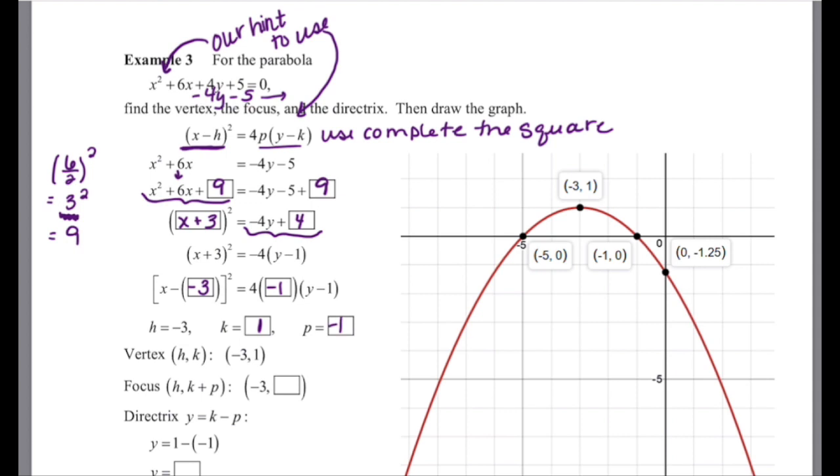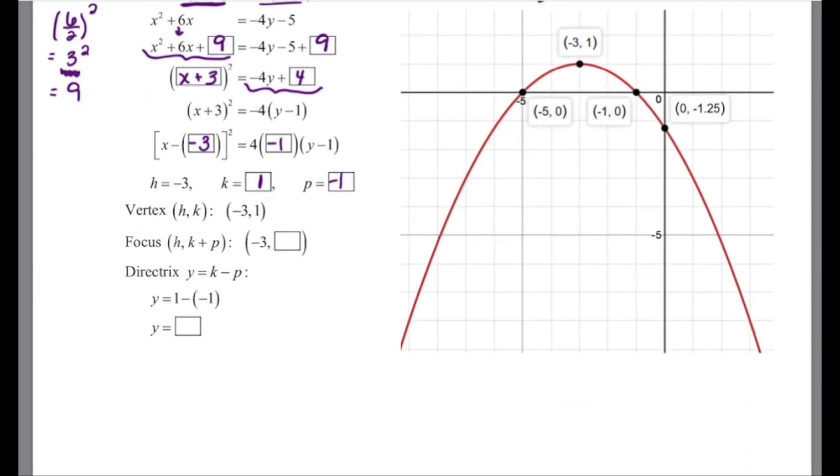Now that we have those three pieces, we can find the vertex, the focus, and the directrix. To find the vertex, it's (h, k), so (h, k) is (-3, 1). Here's our vertex. We can find our focus, which is our h value, and then k plus p.